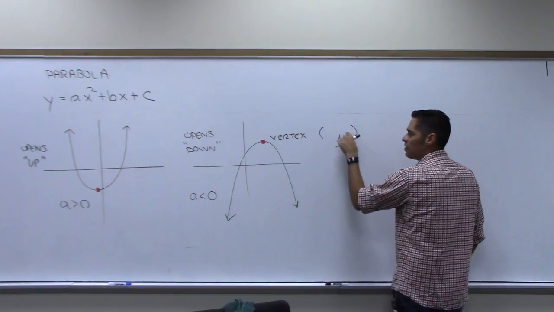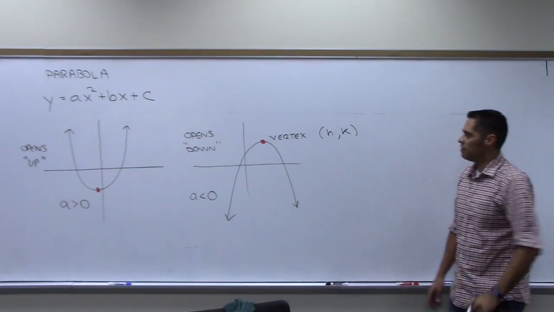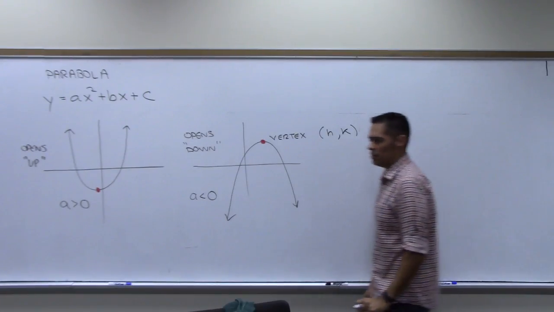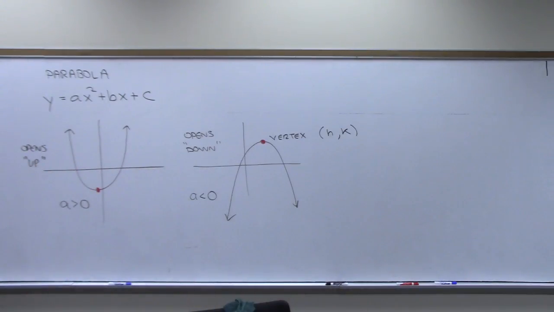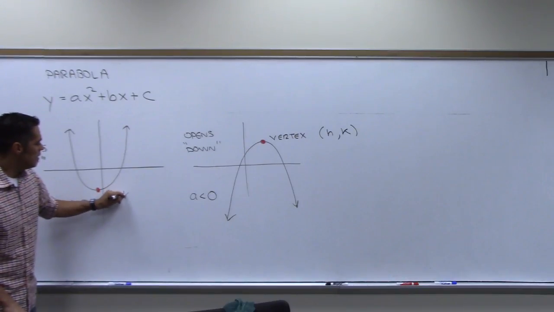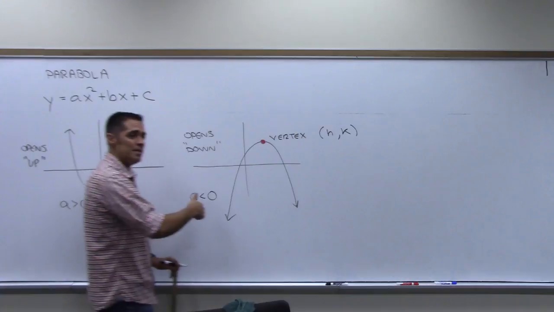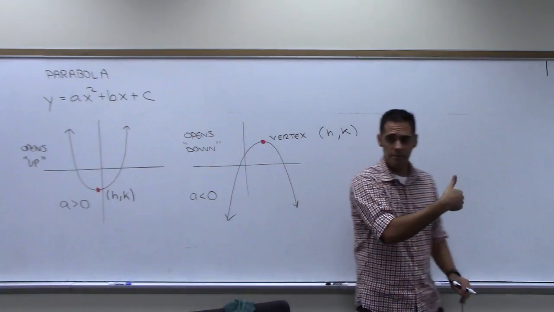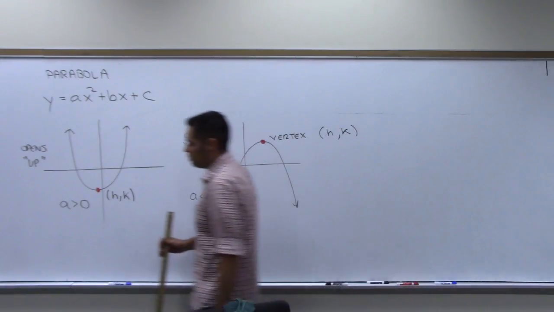But instead of calling it x and y, we call it h and k. That's just to let you know it's that special. You get to be called h and k. And this one, same thing: it would have an x coordinate of h and a y coordinate of k. So if you have a parabola that opens up, the vertex is the lowest point. If you have a parabola that opens down, the vertex is the highest point.